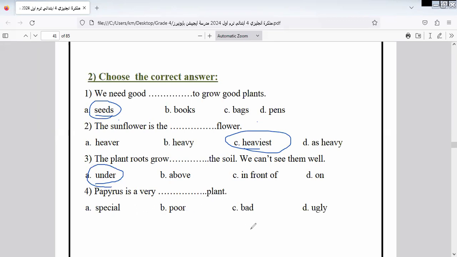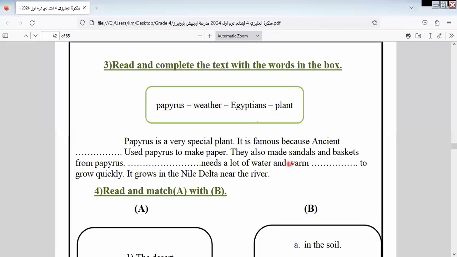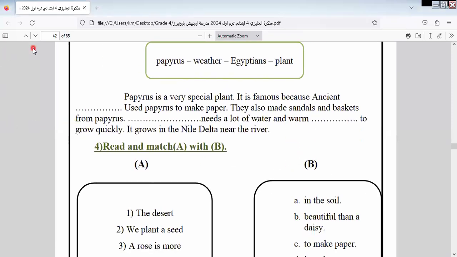Papyrus is a very special plant. Okay. Here is where let's go to answer the questions. Papyrus is a very special plant. It's famous because ancient Egyptians, as we know during the lesson, used papyrus to make paper.